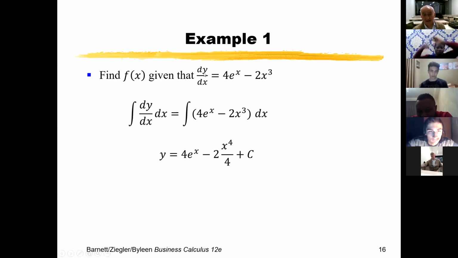So to find y from here, it means to find the integral of this function.